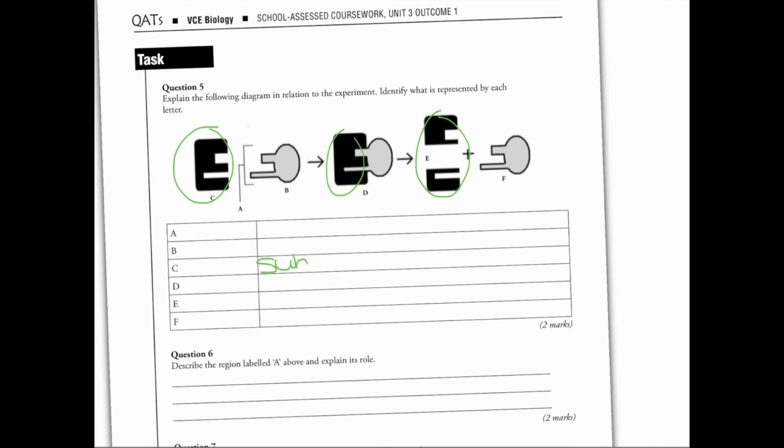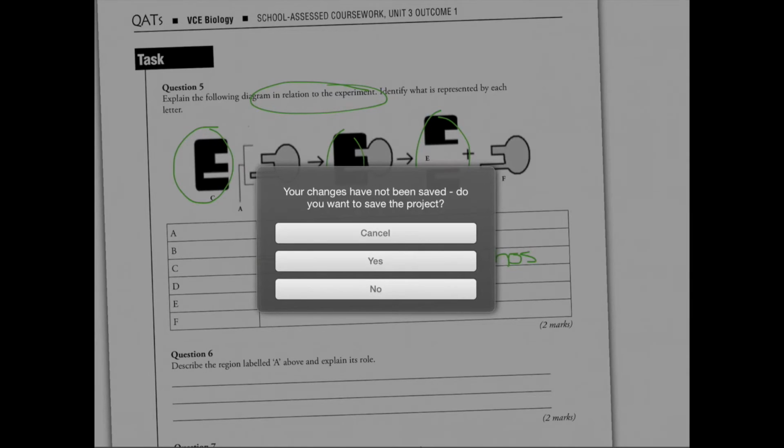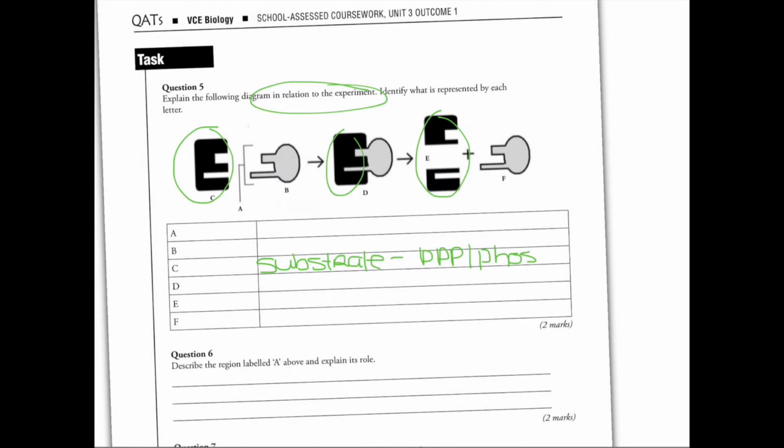Okay. So substrate, and then if you have a look up here, it says in relation to the experiment as well. So then you could say that that was the PPP. Or even if you said phosphate, that would be okay as well. E, go to that, okay.